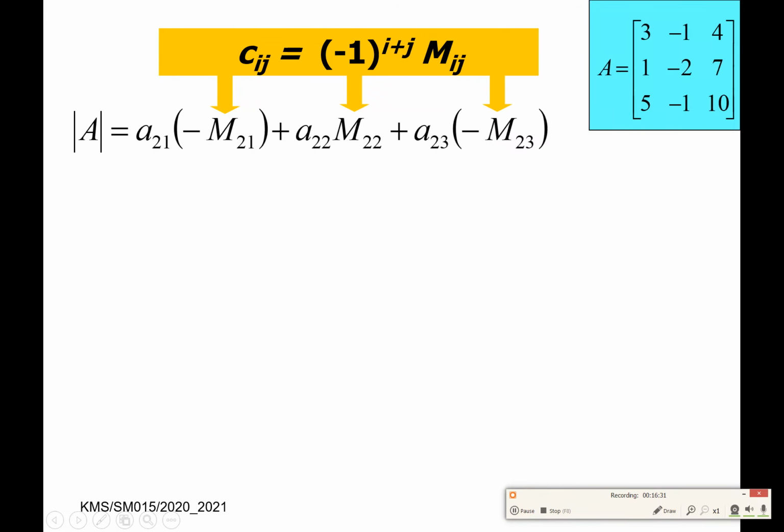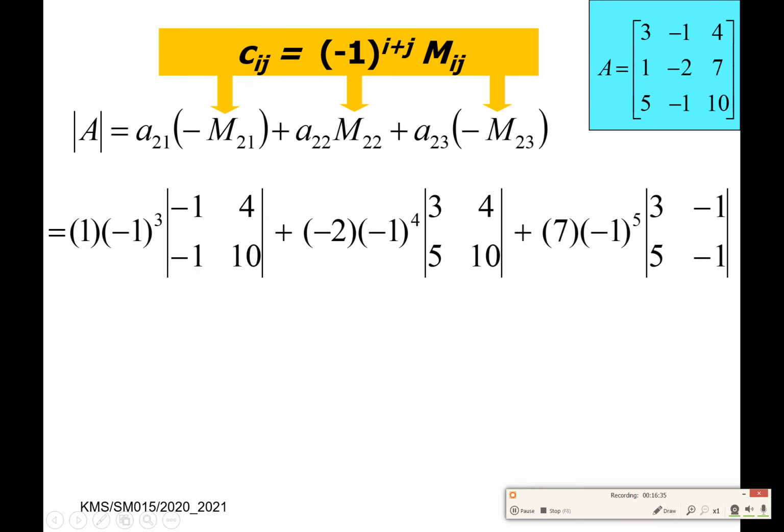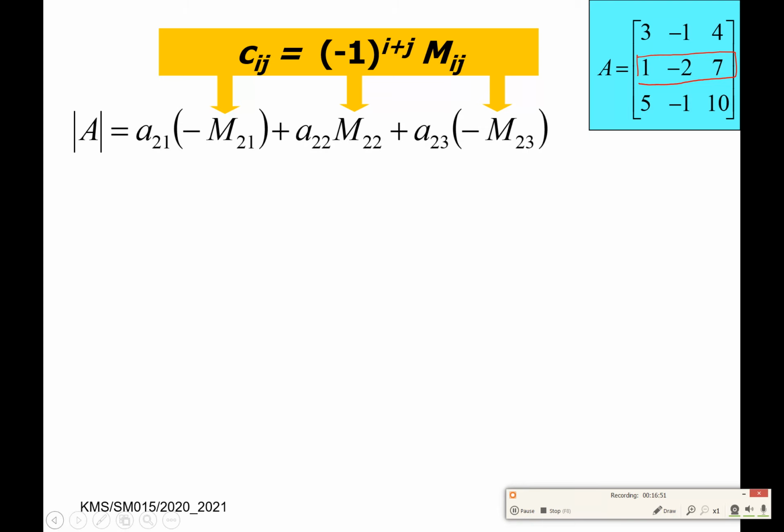Okay, means is you are given this. Okay, so we go to second row. Where the second row? This is second row.